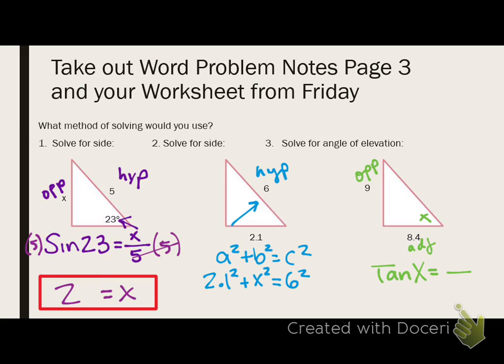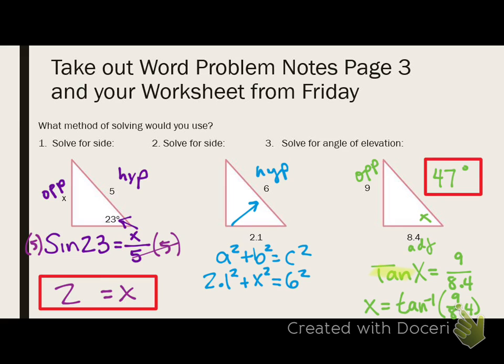Tangent of x, or whatever you called it, equals 9 over 8.4. To get rid of tangent, you have to use the inverse. So you're going to hit shift tangent of 9 over 8.4. We can round to the 10th like normal. What do we get? 47 degrees. Beautiful.